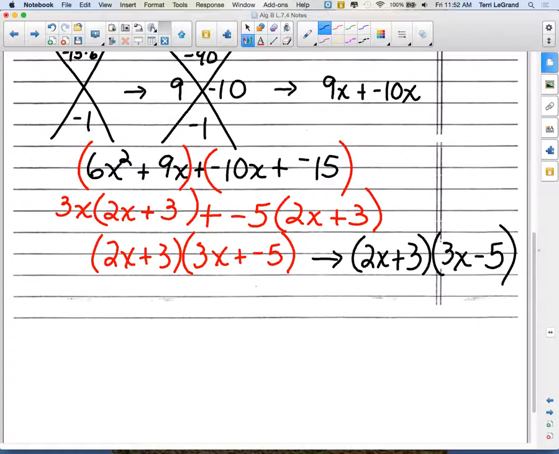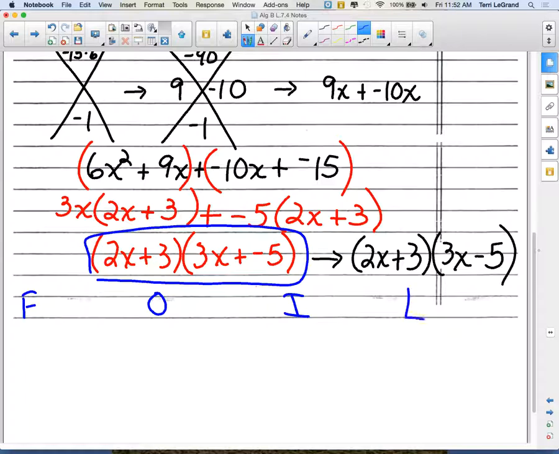Was that the answer in black? Yep. That would be our final answer, how we would see it in an answer bank. But before it got cleaned up, this is probably the better choice to foil it with, is this one right here, because then we can get good multiplications going on.